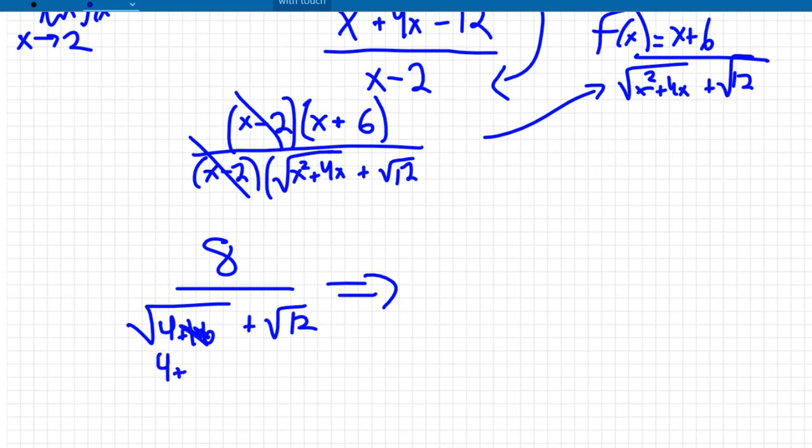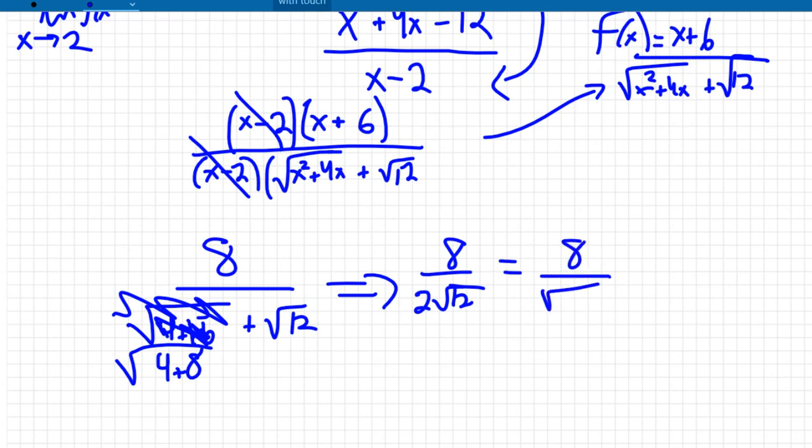So it should be root 4 plus 8. Yeah. So we get x plus 2 root 12 equals 8 over root 48.